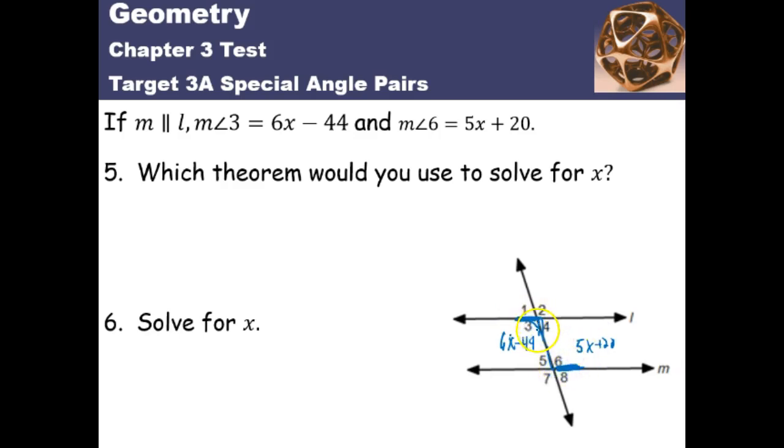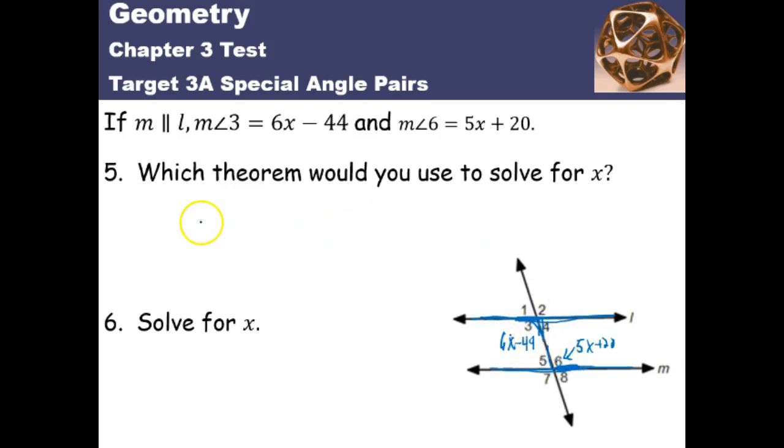So you notice that L and M are parallel, and 3 and 6 are both interior. They're between those two lines, L and M, so they're interior. Now, are they on the same side or alternate sides of this line? If you look there, 3 and 6 are on alternate sides.